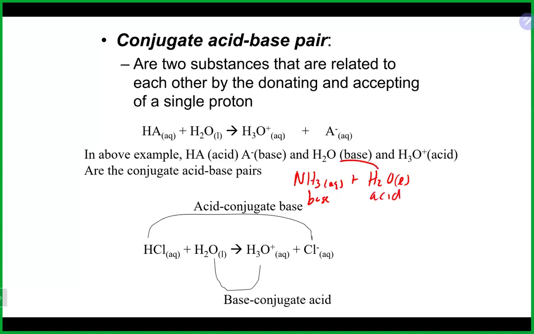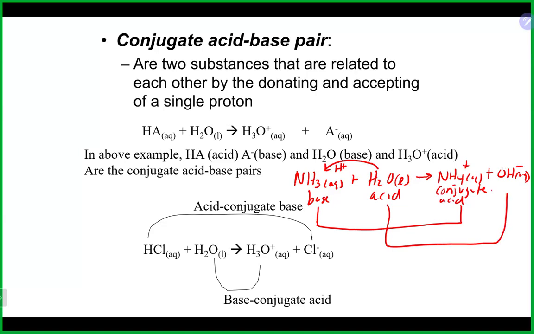So once again, in this case, the water is going to send the H plus over. That will create our NH4 plus and our OH minus. This would be the base, and over here would be our conjugate acid. This would be the acid, and over here would be our conjugate base.